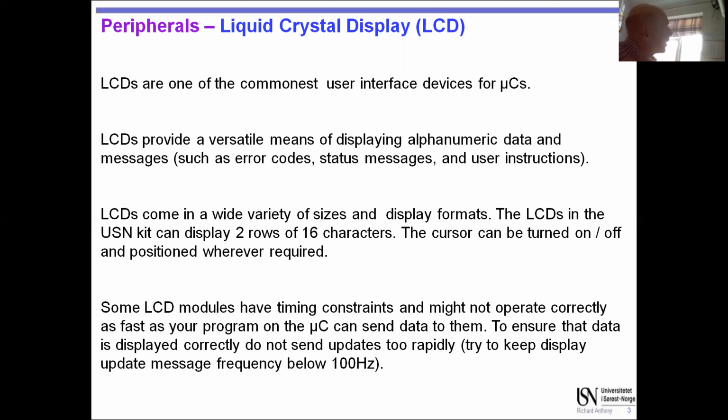Most of these LCD modules have an embedded microcontroller built into them. So you're communicating to them via a USART or via SPI or possibly even TWI in some cases, but normally it will be a USART or TWI, or it may be parallel communication if it's short, like the one that I use.